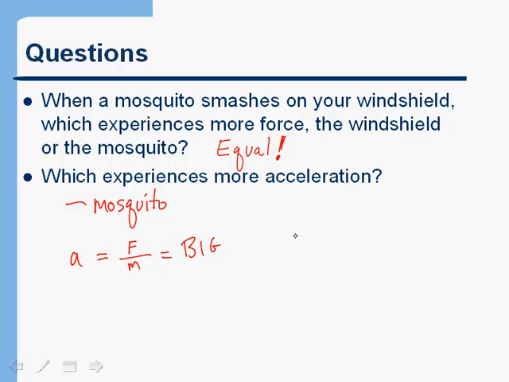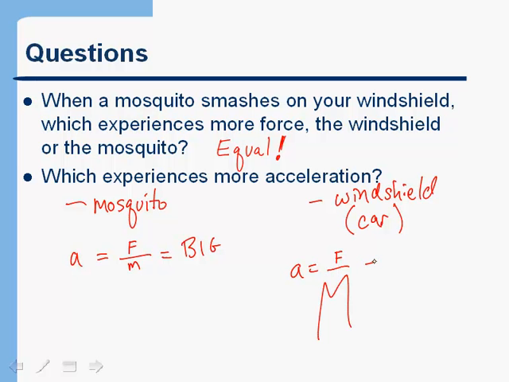If we look at the windshield, in other words, the car, because the windshield's attached to the car, so really it's the car that we're interested in. The force is small, but the mass of the car is big, and so the acceleration of the car is very small.